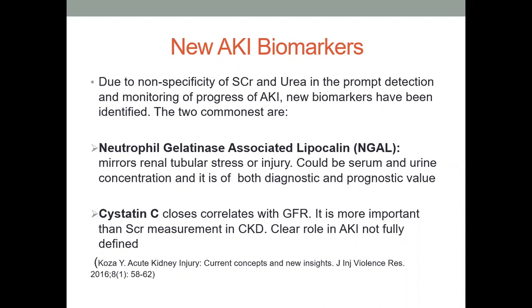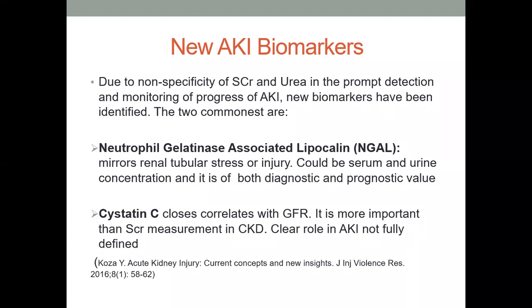All right, and it's been said that it mirrors renal tubular stress or injury. You could assay for the serum or urine concentration, and both urine and serum concentration of this substance is both diagnostic and prognostic.